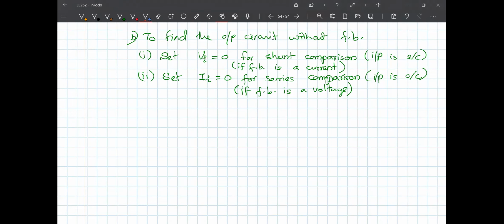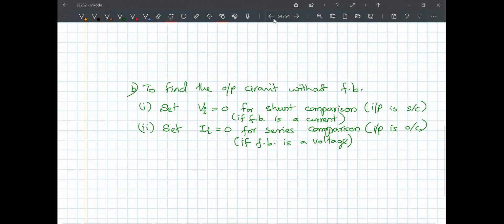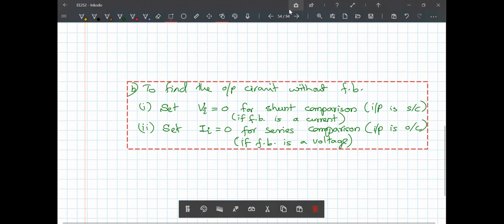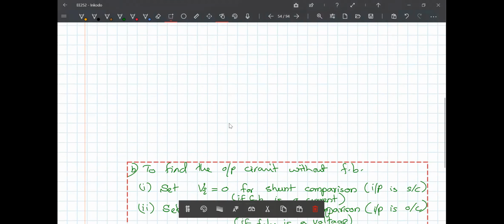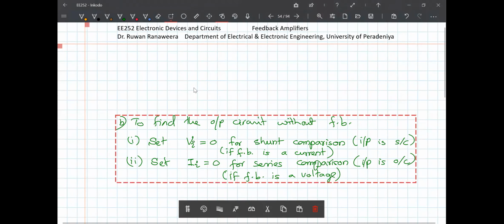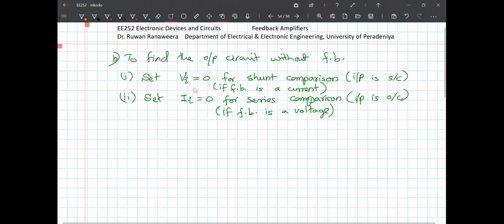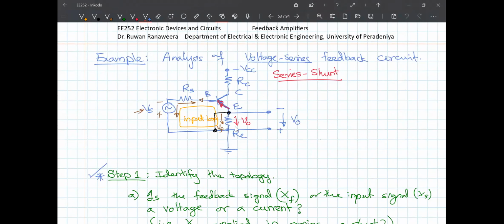Now for this particular circuit that we have, the comparison is in series, so therefore it's a voltage signal. So what I need to do is I need to open circuit this circuit, so the current will be 0.